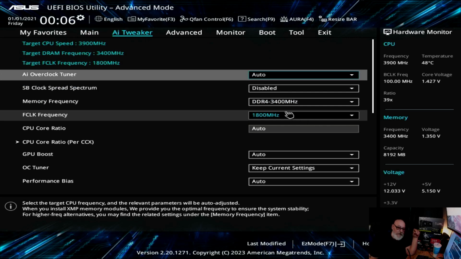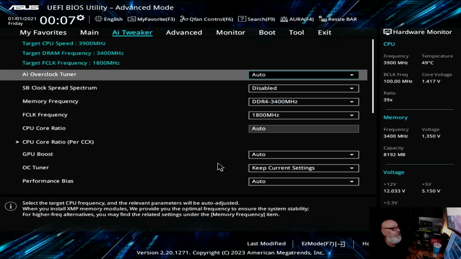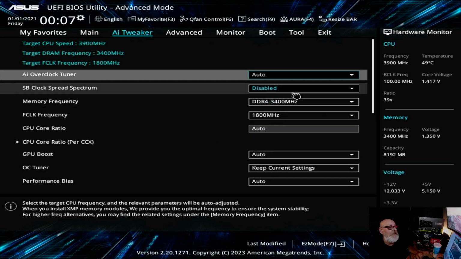This is the reason why, Expo and DOCP, I leave it on auto. Because if you want to up the frequency like I did here, you're not going to be able to be on an overclock. You're not going to be able to do it. So I leave mine on auto.